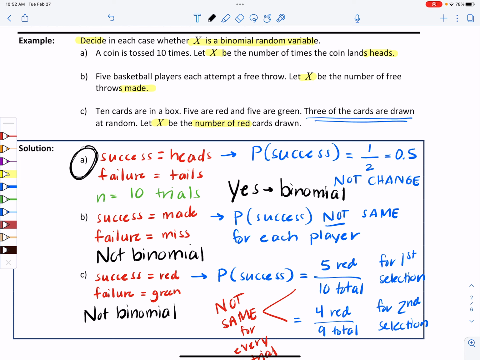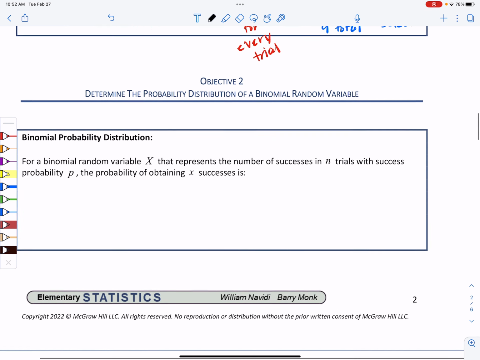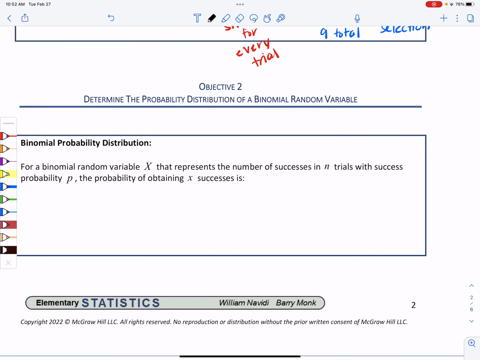So take some time, go into your homework, look specifically at the problems that say decide if you have a binomial random variable, and then we'll address any questions that you have about that, and we will pick up from there, determining probabilities for binomial as well as mean and standard deviation.